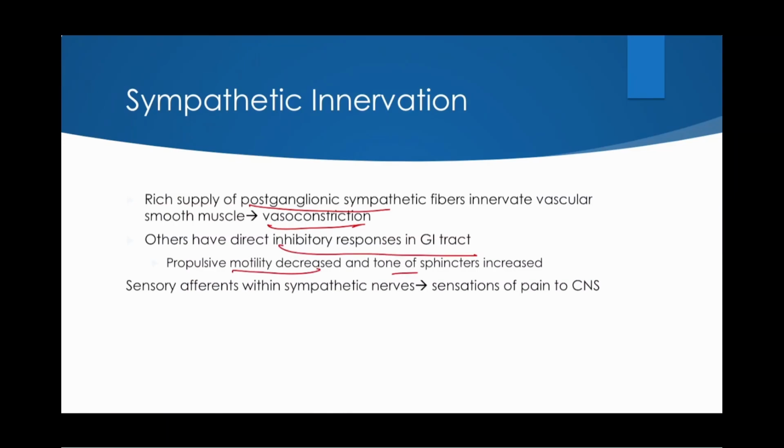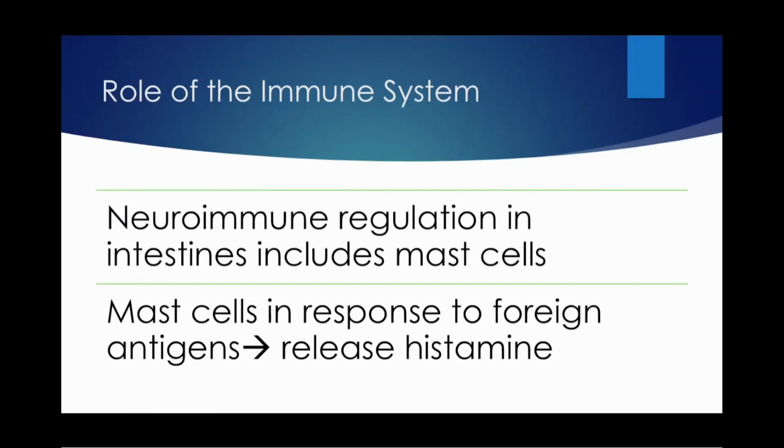Motility is decreased and the tone of the sphincters is increased, so you don't want to be doing all those things. And remember, pain to the CNS is also sympathetic. Immune system regulation in the intestine includes our mast cells. Whenever you think of mast cells, think of histamine. They're the ones who release histamine. So if you start hearing mast cells, think histamine and what histamine is going to do.